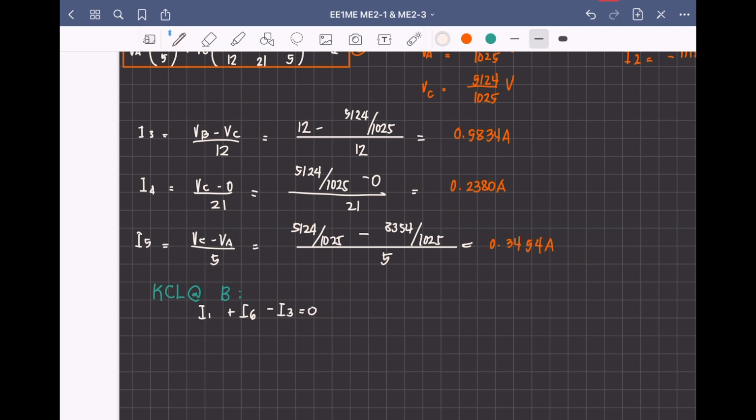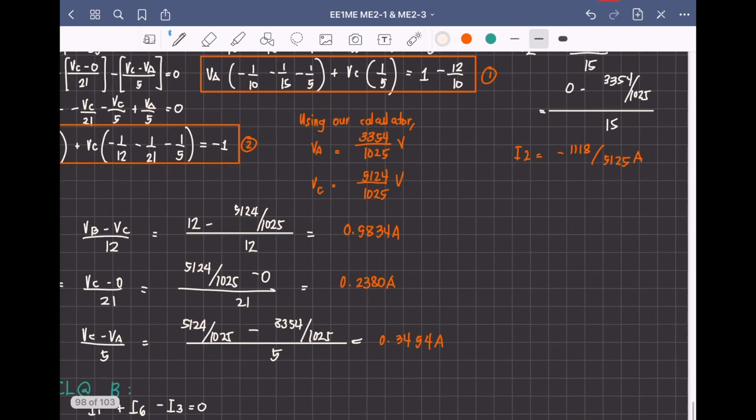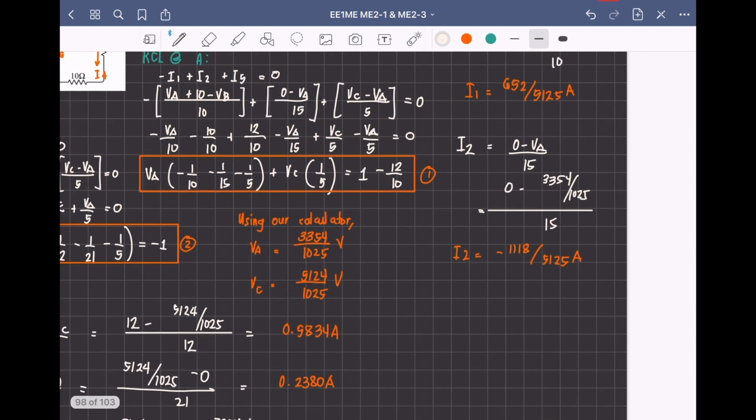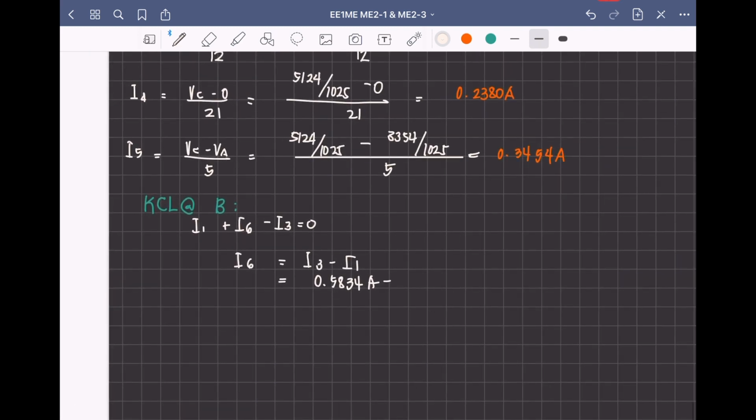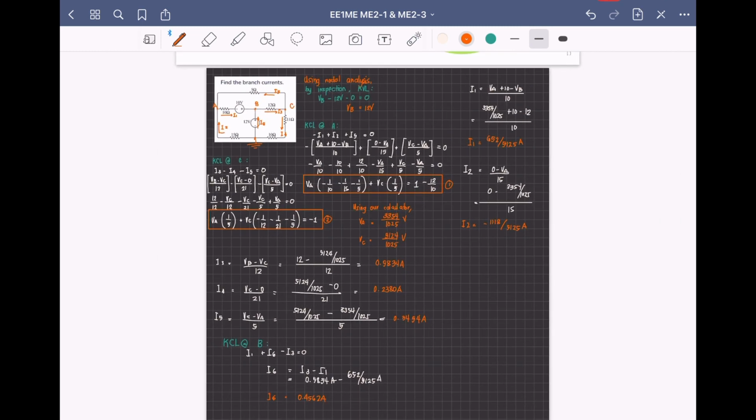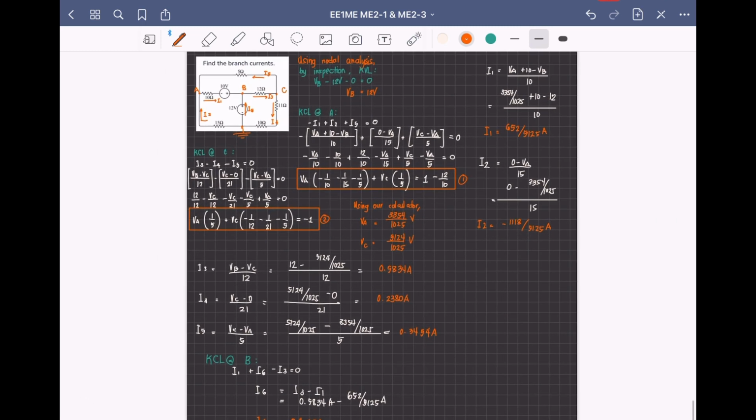So solving for I6, that would be equivalent to I3 minus I1. I3 is 0.5834 amperes minus I sub 1, which is 652 over 5125 amperes. You'll be able to solve for I6 in your calculators, and that's equivalent to 0.4562 amperes.